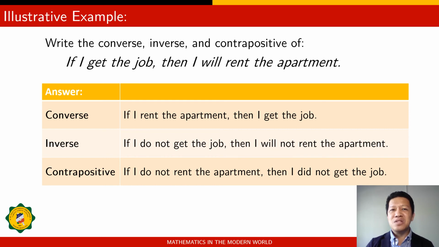So if the given conditional statement is, if I get the job, then I will rent the apartment. So we're going to get the converse, inverse, and contrapositive.